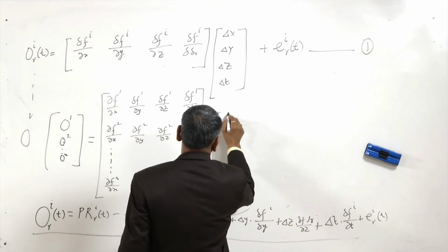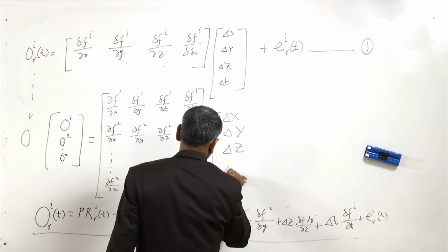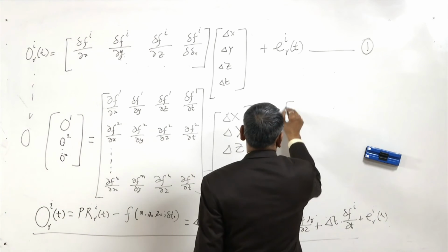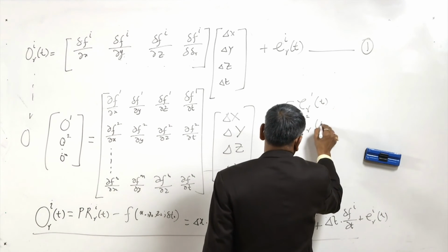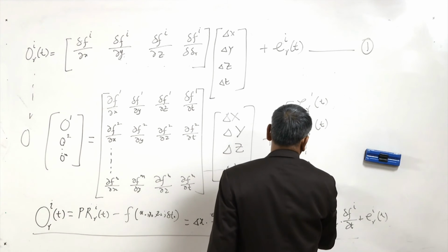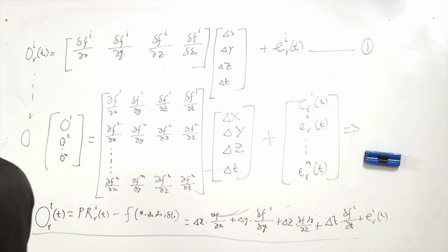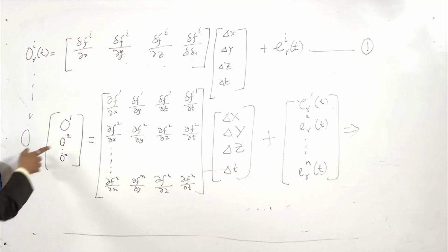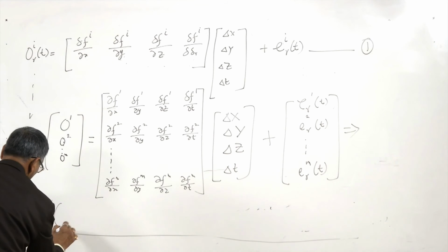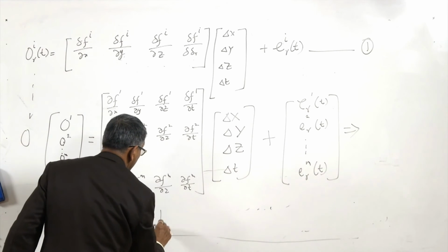and that is multiplied by the unknown parameters del x, del y, del z, del t, plus the error matrix 1, 2, like that up to m. So this is the matrix form of the error. Now if we write this in matrix form, instead of the O like this, that is the O matrix, this is the A matrix, this is the unknown matrix X, and this is the error matrix.